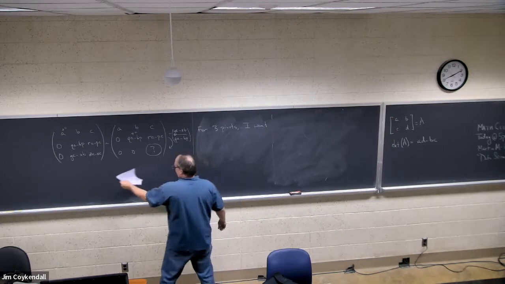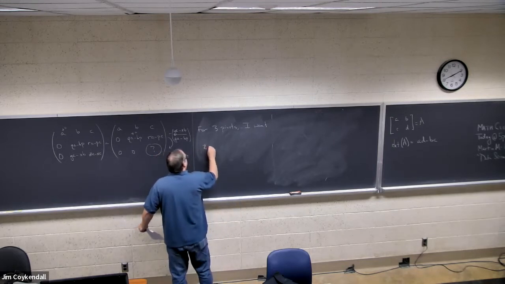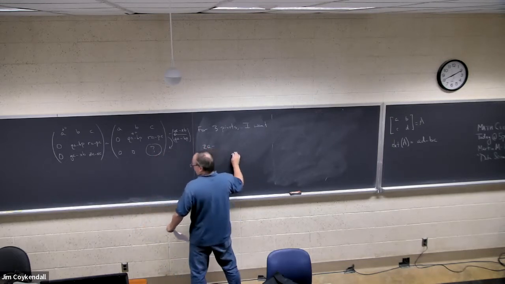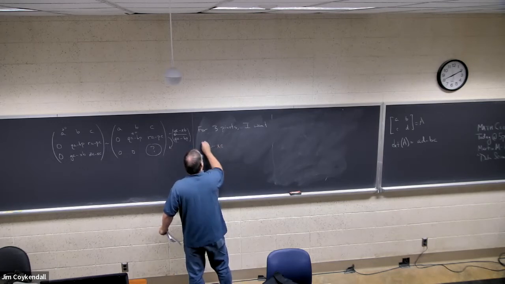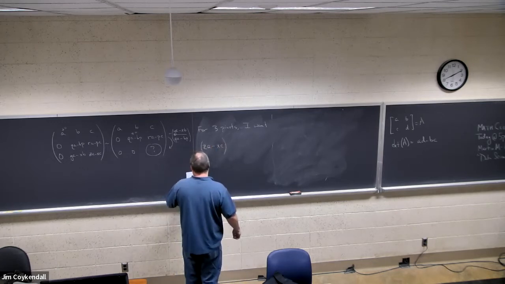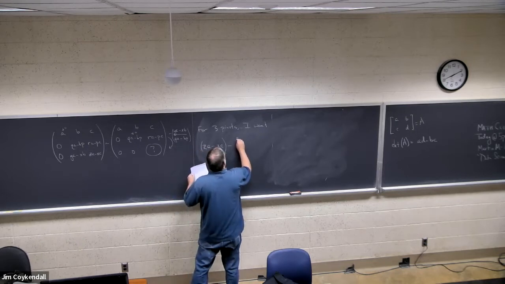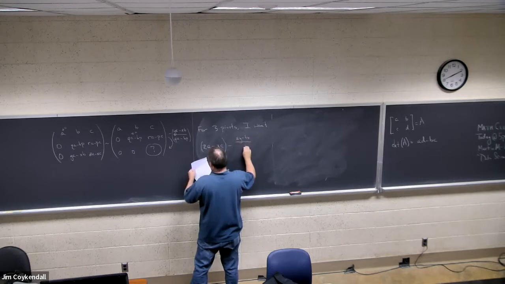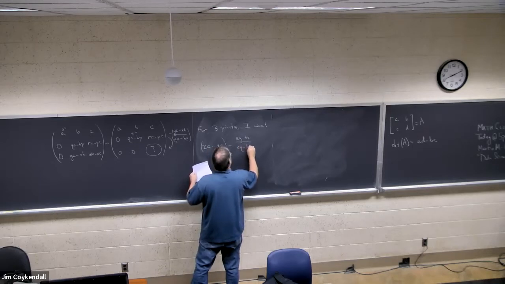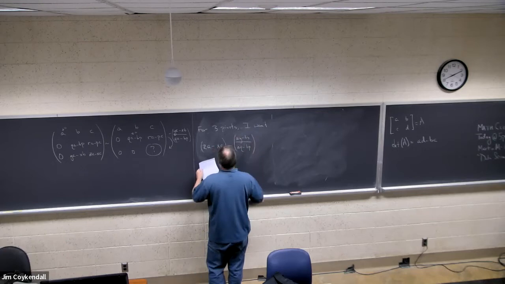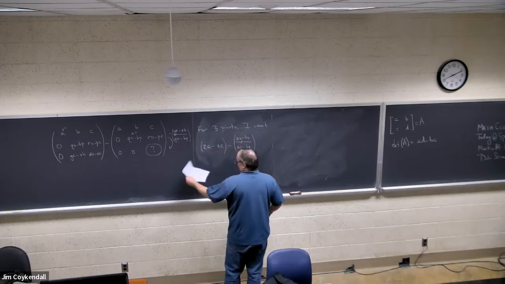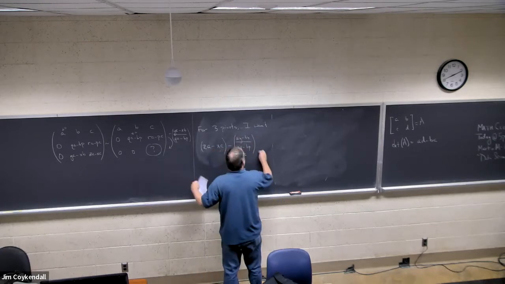Well, what goes down here is this thing: XC minus AY minus BX over AQ minus BP, times RA minus PC.